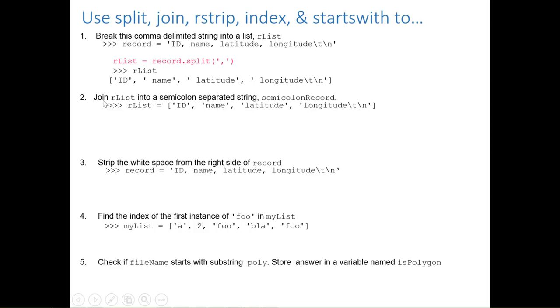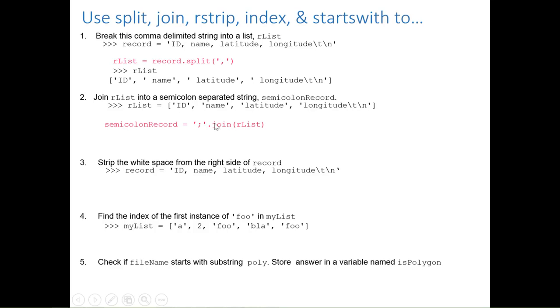So next, let's look at join our list into a semicolon separated string, semicolon record. This is the one that I said is a little tricky. You need to use the semicolon in a string literal as the object. Remember, it's object.method, and the method that we're talking about here is join. That means it'll be something like semicolon.join, but you have to have quotation marks around the semicolon.